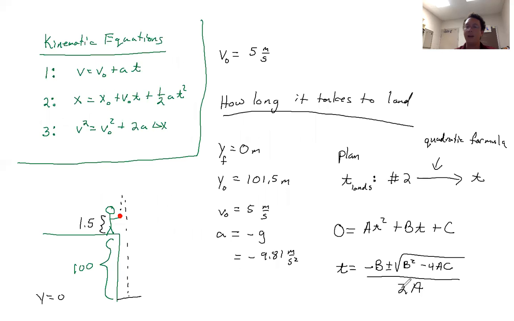What that would actually be is a hypothetical other problem you might have, where perhaps instead of starting up here, what if you had started out down here at a height of 0? Imagine the cliff isn't there and you threw it up and then down.